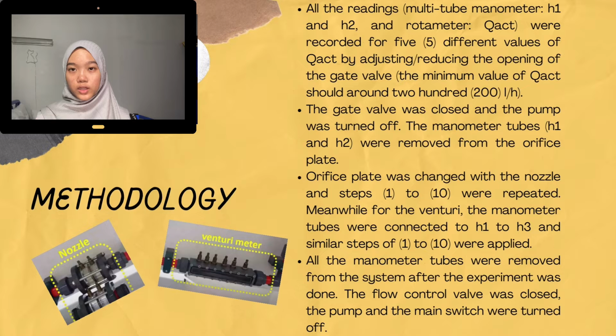We also record all of the readings for 5 other different values by reducing the opening of the gate valve. The minimum value of Qx should be around 200. Lastly, we close the gate valve and turn off the pump.